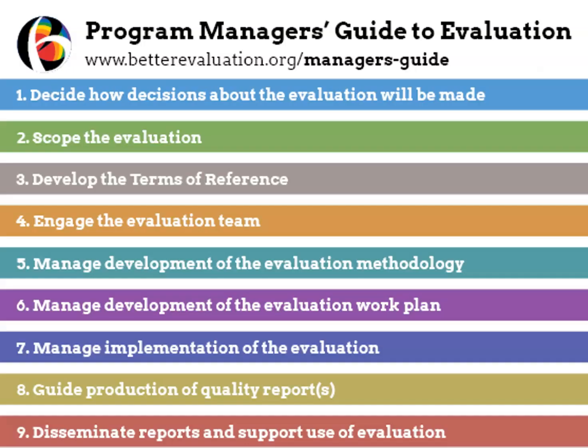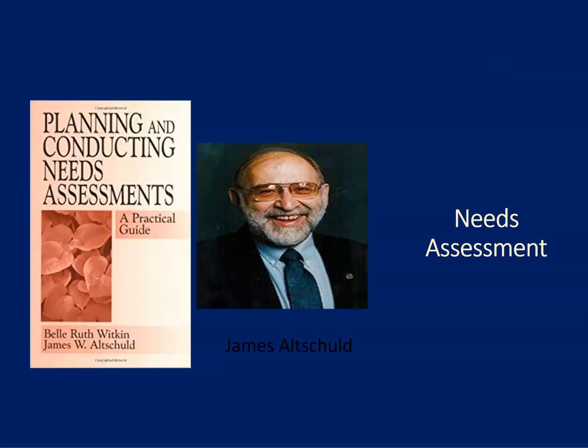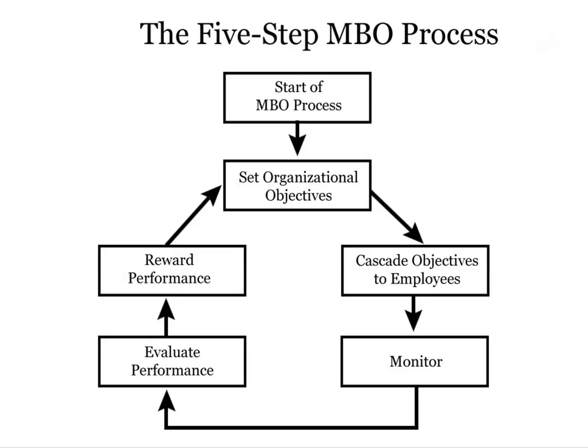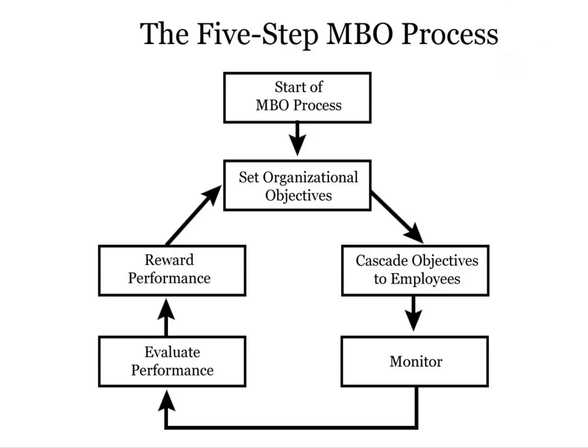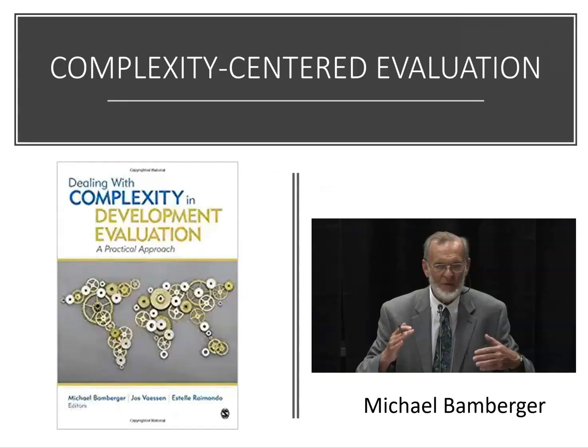The Program Manager's Guide to Evaluation is a plan-your-work, work-your-plan kind of framework. Needs assessments are based upon figuring out what to do and then doing it. The 5-step MBO process is a planning, intentional process of knowing what to do, being clear. If you don't know what you're trying to do, you won't do it.